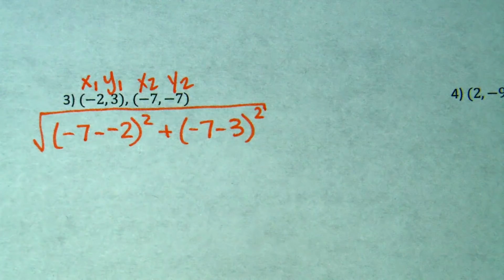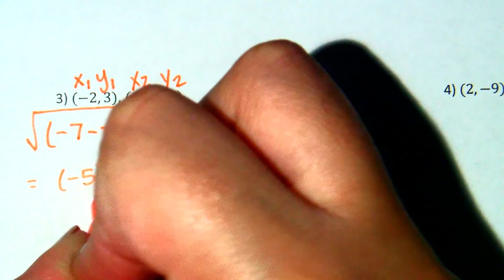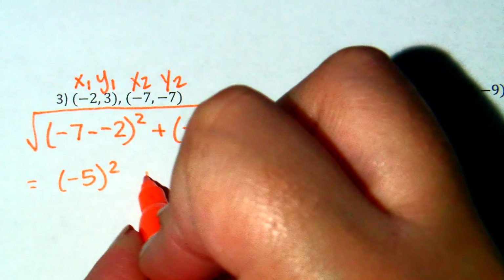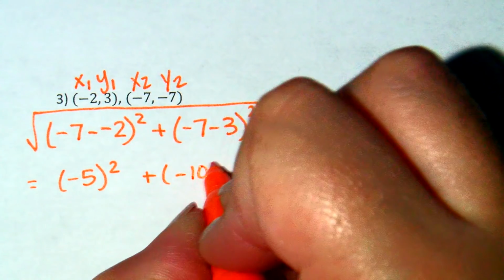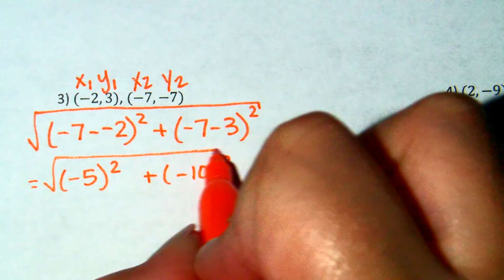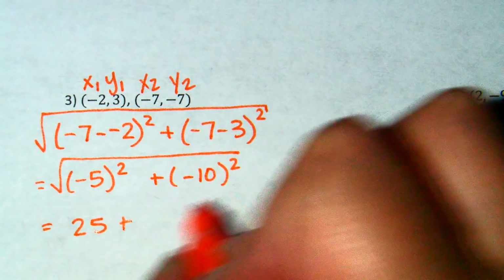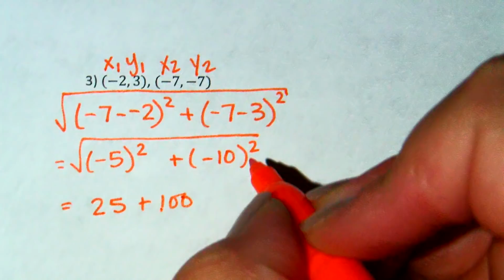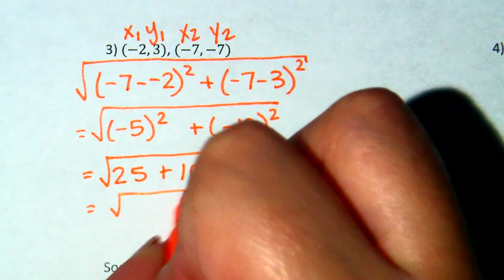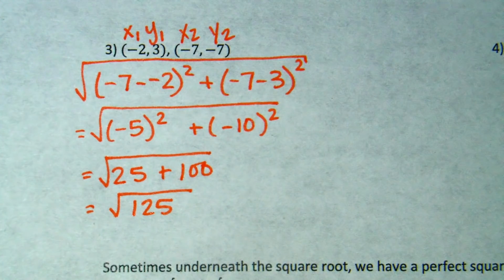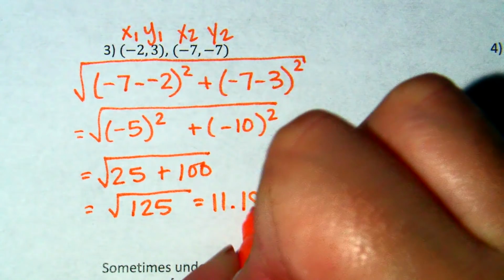So negative 7 minus negative 2 gives me negative 5 squared, plus negative 7 minus 3 is negative 10 squared. Negative 5 squared is 25. Negative 10 squared is 100. So we have the square root of 125, and I don't know if that's a perfect square or not. It's not. When I plug it in, I get 11.18 as a decimal.